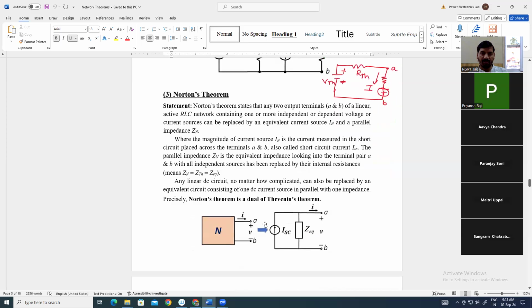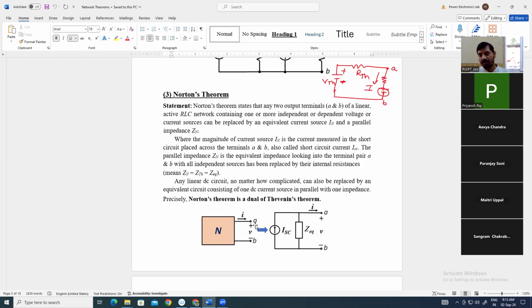So like Thevenin's theorem, firstly we have to eliminate the element connected between these two terminals, okay. The same procedure will be there just like Thevenin's theorem, but there we were creating an open circuit and calculating the open circuit voltage across these two terminals AB. Now what will we do?